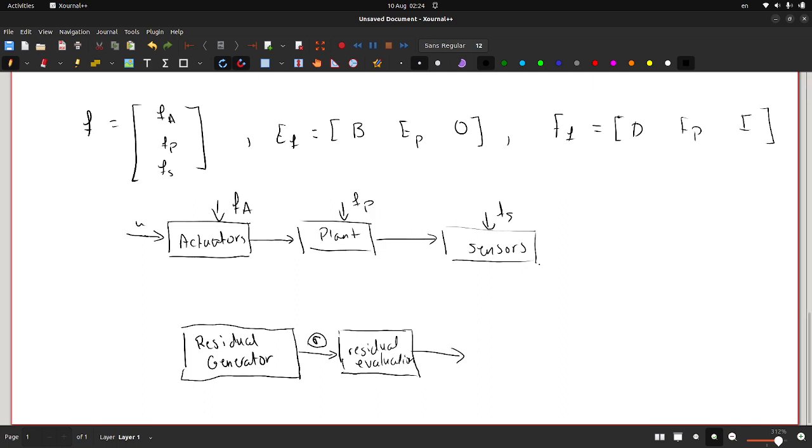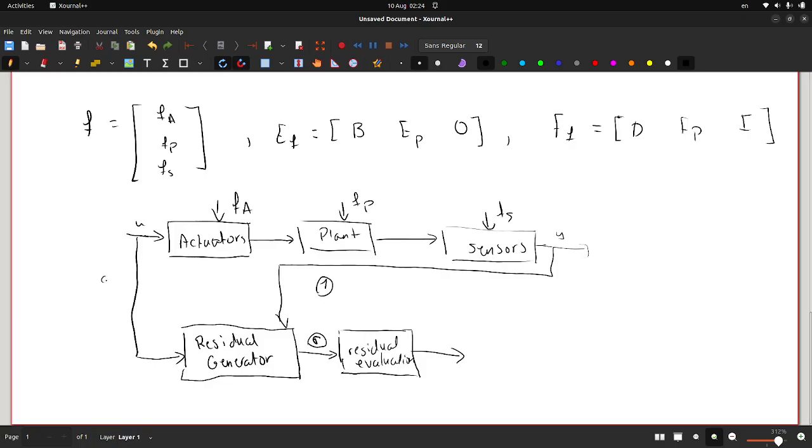And of course, here's the output. The residual generator is affected by four different parameters. First, the output from the sensors. Second, the control input. Third, the disturbances. Fourth, the actual faults.